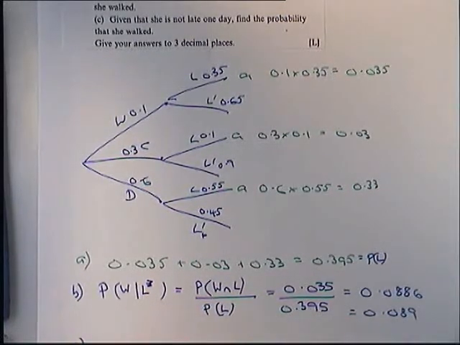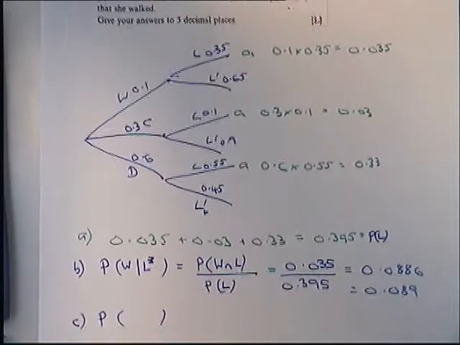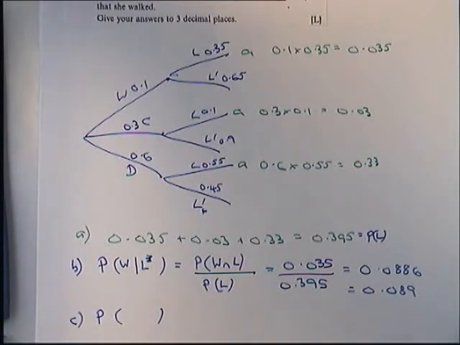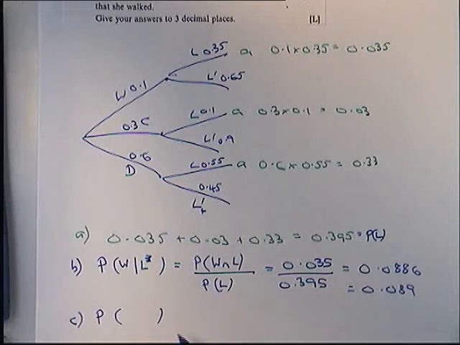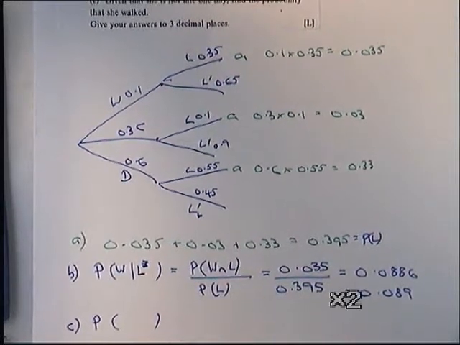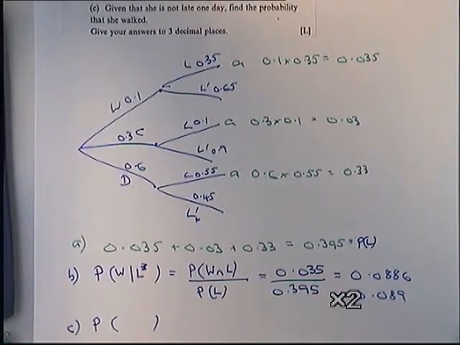Part C, given that she is not late one day, find the probability she walked. Leon, could you give me the notation bit for that one? So top of the screen, just. Given she's not late one day, find the probability she walked.